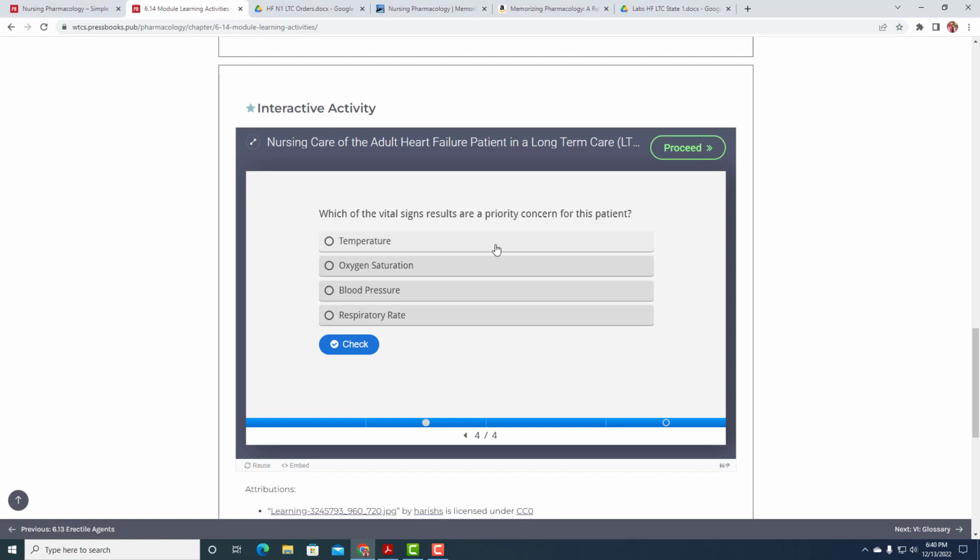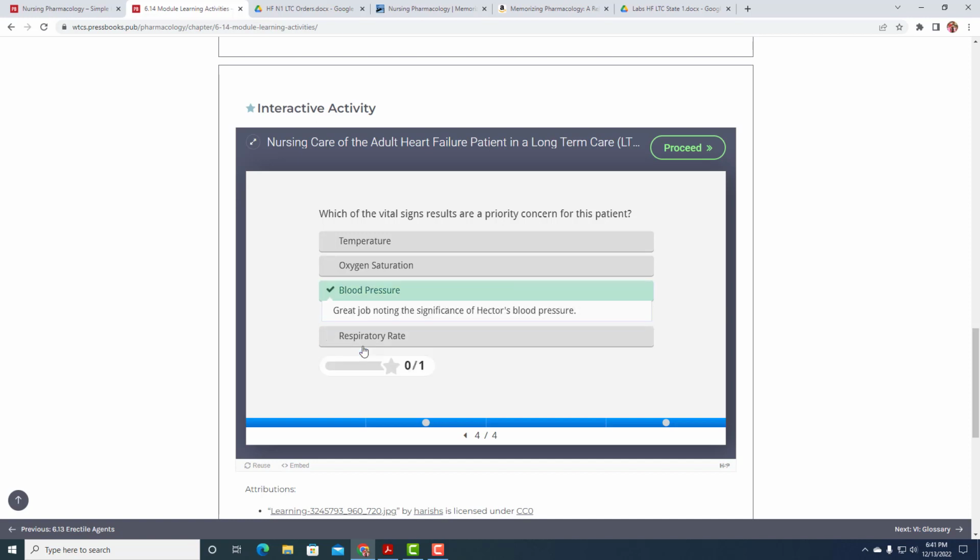Again, we've got a cardiac patient, history of congestive heart failure. Would it be the temperature, the oxygen saturation, the blood pressure, or the respiratory rate? Kind of gave it away, but the blood pressure would probably be the most significant with this particular patient.